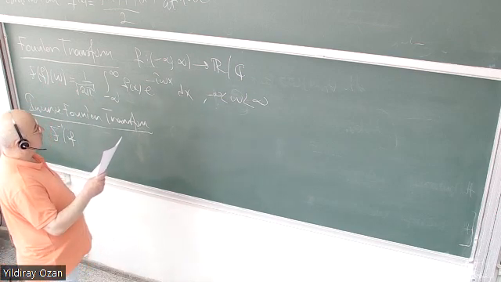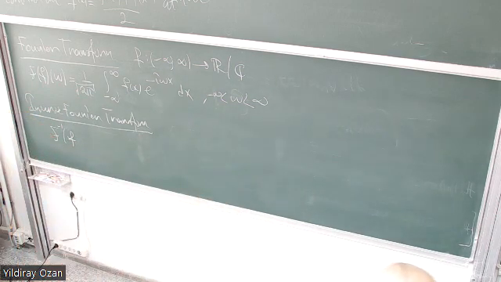Yani şuna Fourier transform diyoruz. E, tabii bu dummy variable, yani ne koyarsanız koyun, çok sorun değil.